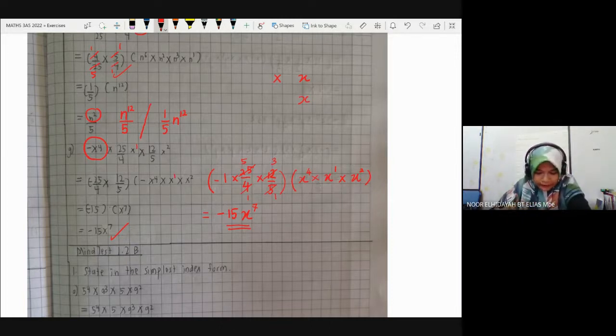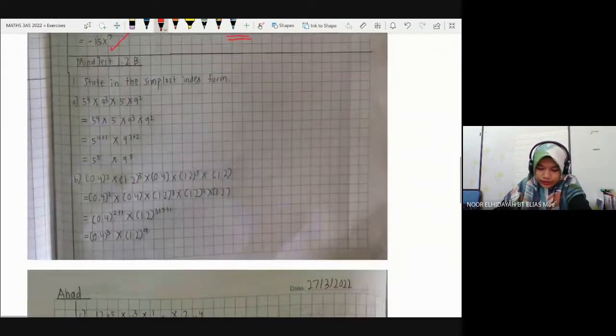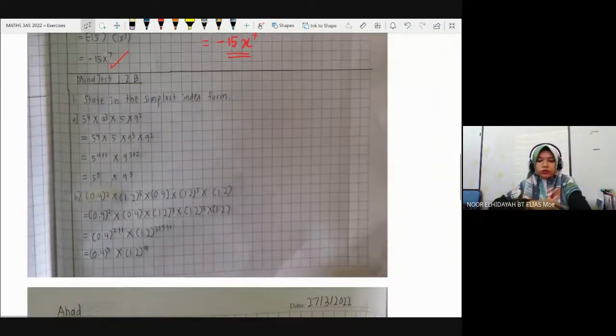Okay, alright, next. Next exercise, mind test 1.2b. State the simplest index form. The simplest index form means that you have to simplify the given mathematical sentence. Okay, 5 to the power of 4, is it A here?